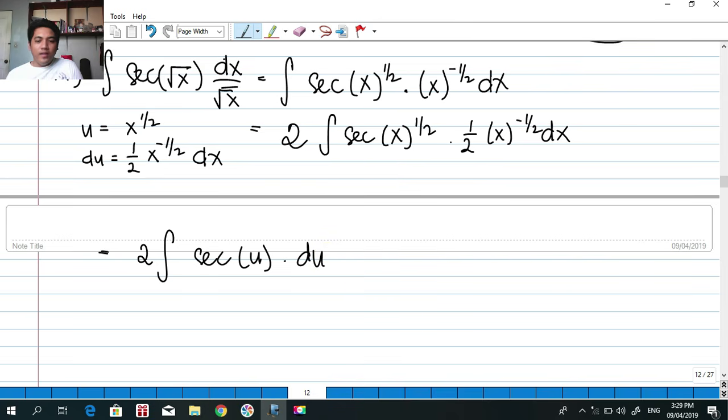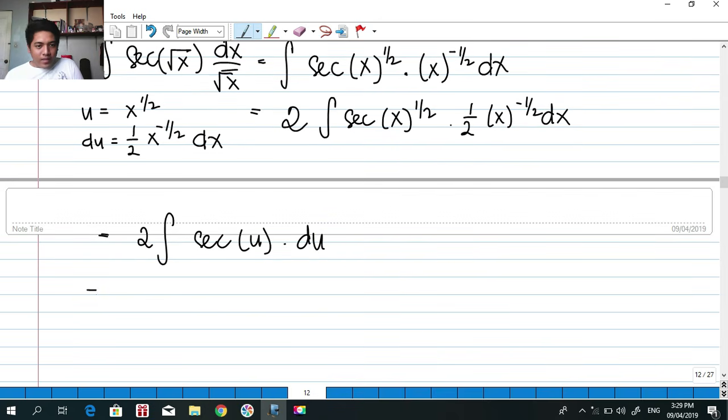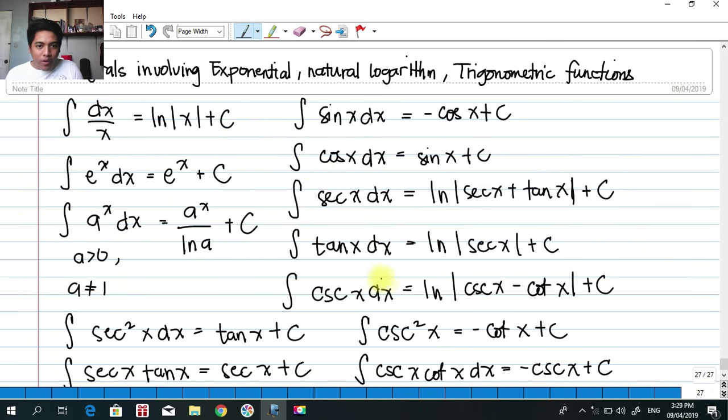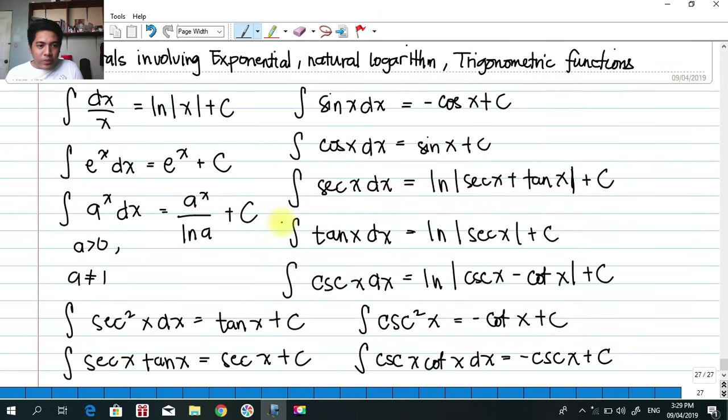The integral of secant is actually the natural logarithm of the absolute value of secant x plus tangent x.